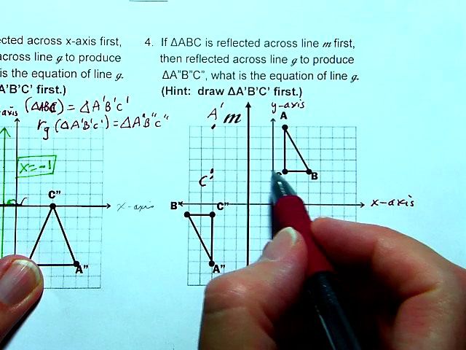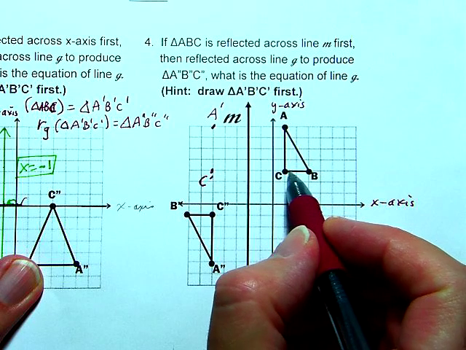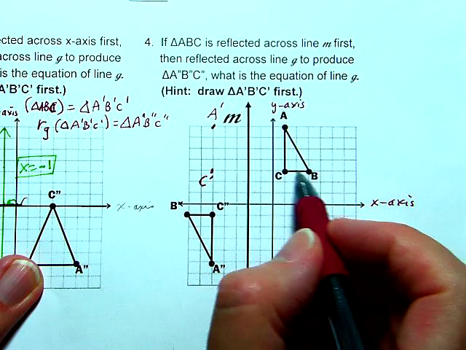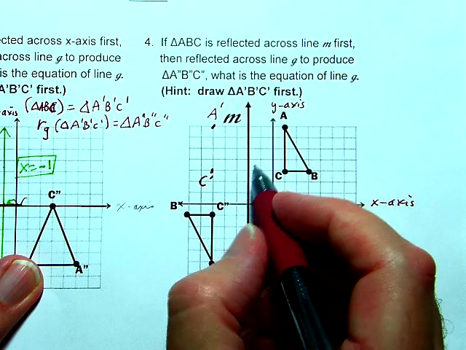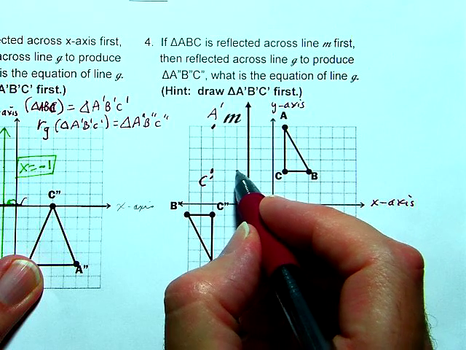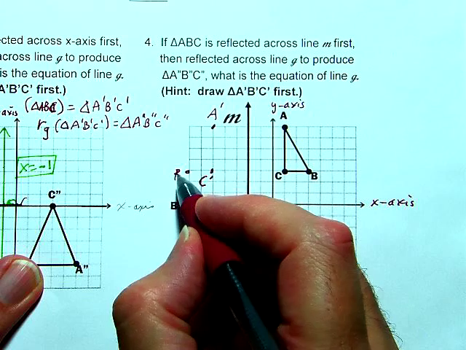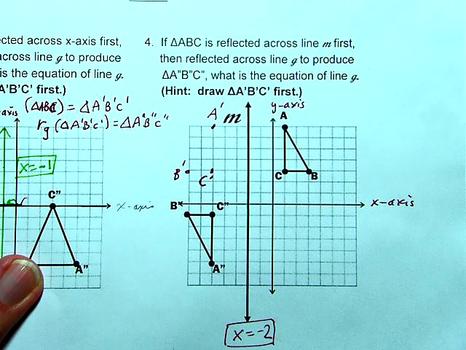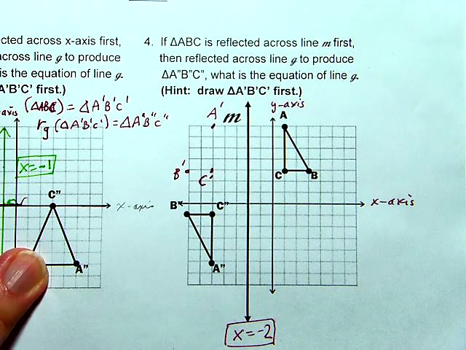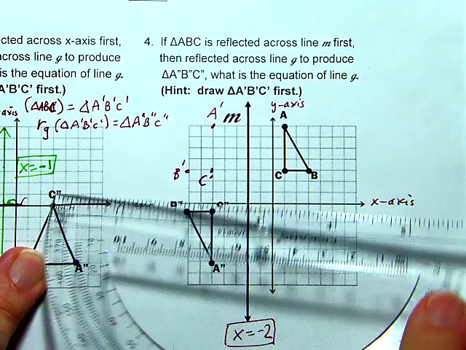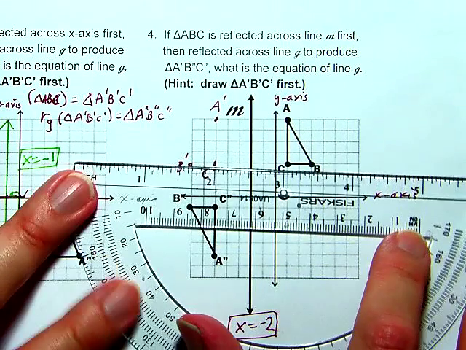And B is 1, 2, 3, 4, 5 to the right of M. So B prime would be 5 to the left. 1, 2, 3, 4, 5. So we've got a triangle A prime, B prime, C prime. Let's join the sides.